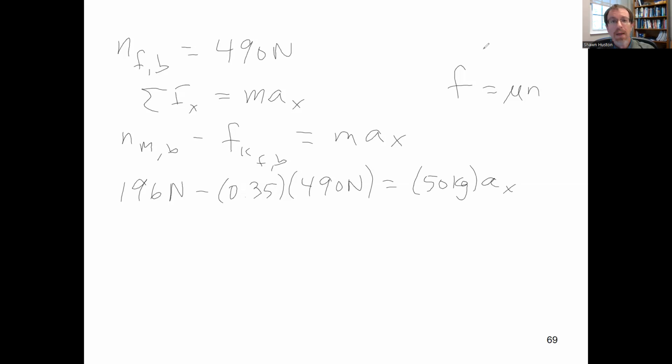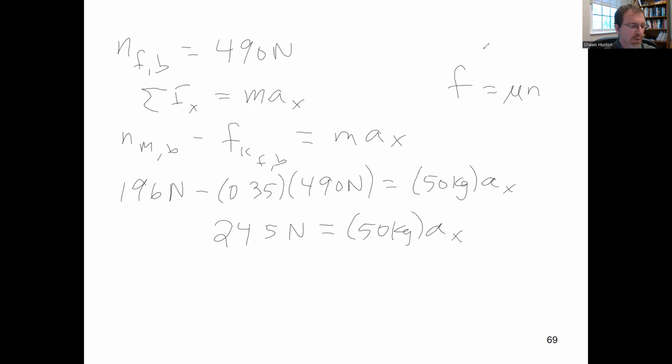And then if I plug the numbers into my calculator and get out the result here, I will see that I've got 24.5 newtons is equal to 50 kilograms times my acceleration in the X direction.